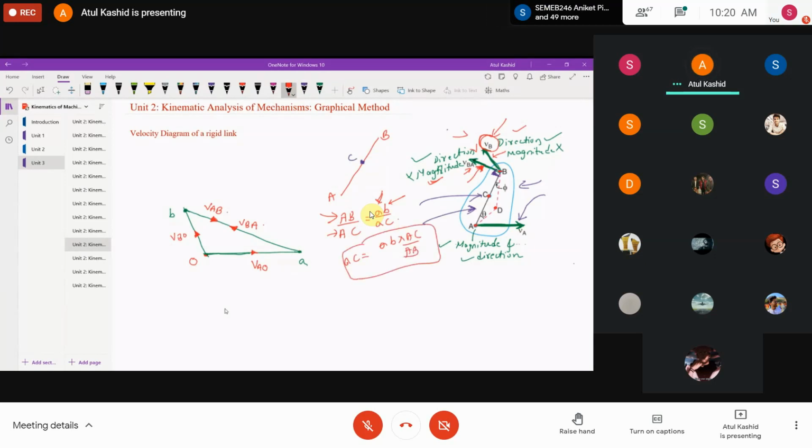So if you find the value of ac from here, you have to take the compass, keep your compass over here at the point a, and you have to mark the point c over here, right? And then you will get the point c, right? Then for example, now I'm getting the point c over here, and if I draw the arrow like this, right? So what this is going to represent, this will be velocity of A with respect to C, right?